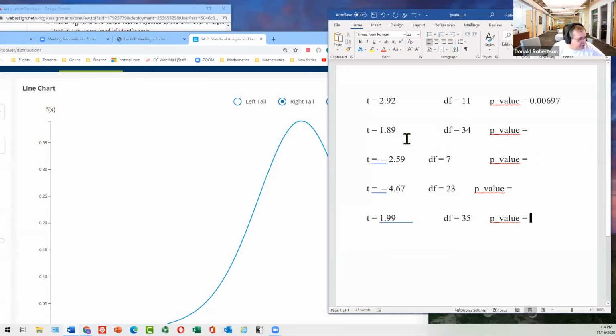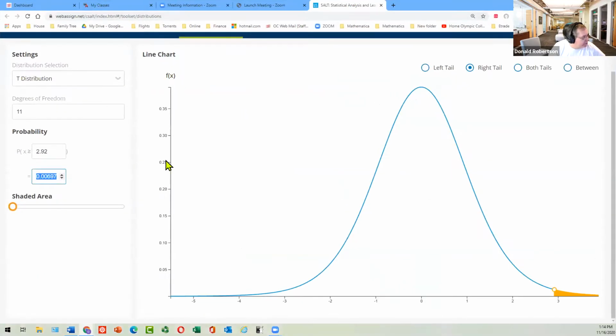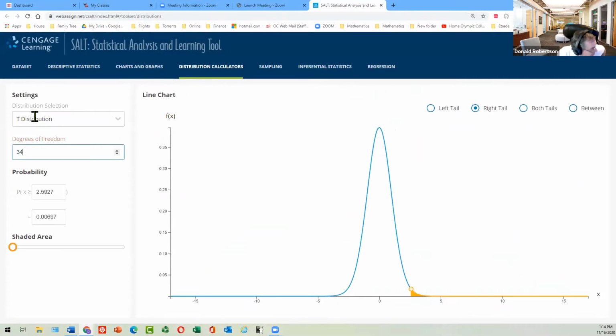Next one is going to be 1.89 and a 34. All right, so here we go. 34 degrees of freedom. 1.89 is to the right. Positive, you get a right tail. 1.89.